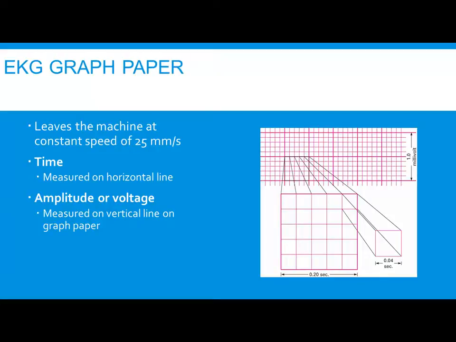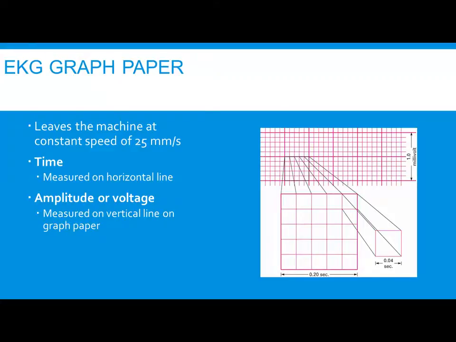All right? So each tiny box represents what? 0.04 of a second. So if you combine 5 of 0.04, you're going to have a 0.20. All right? So it takes 5 tiny boxes to make a 0.20.